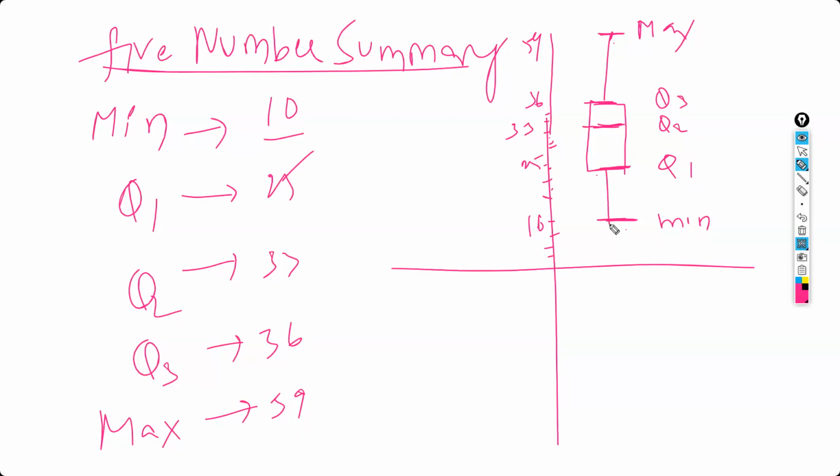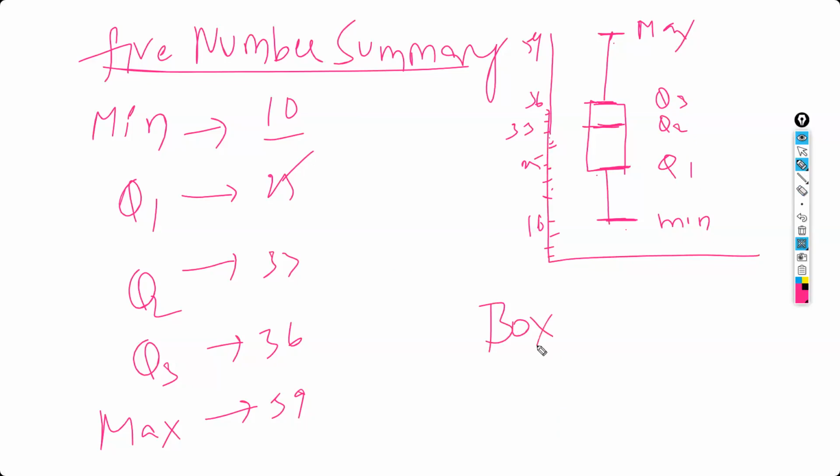The straight lines I am drawing are called whiskers. Basically it is called a box whisker plot. Here you are not going to get negative values, the down part will not be available. This is called a box whisker plot, in short, box plot.